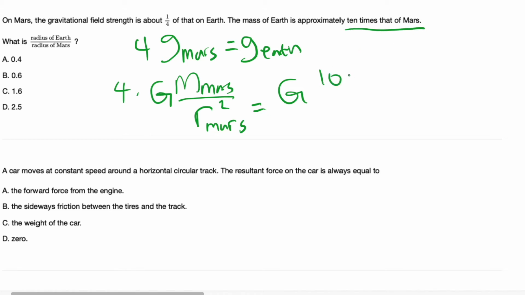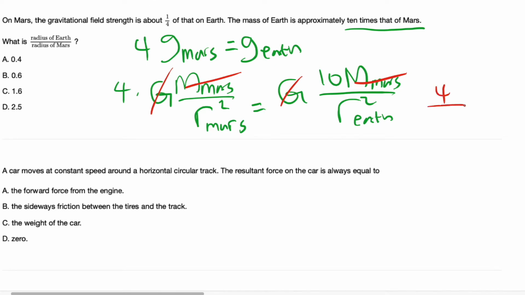So 10 multiplied by the mass of Mars divided by the radius of Earth squared. And this is going to cancel out on both sides. And this is also going to cancel out. So now what we have is 4 over r Mars squared is equal to 10 over r Earth squared.